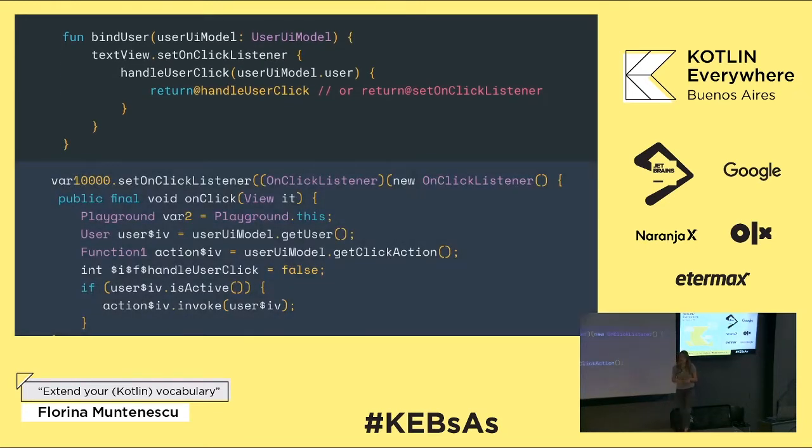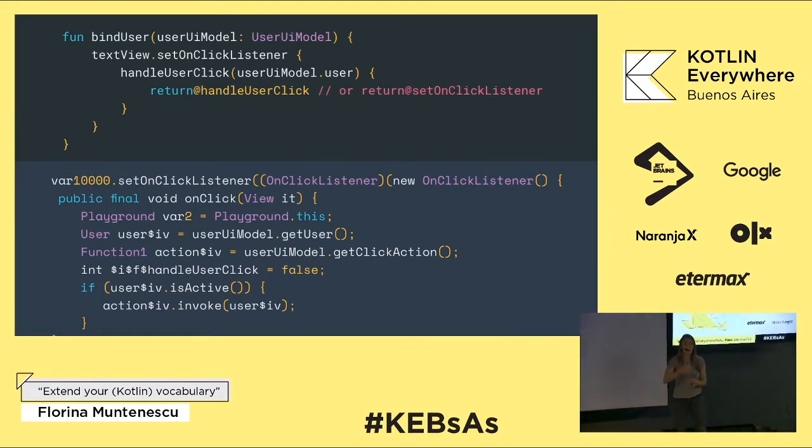If you look at the decompiled Java code, we see that a new on-click listener is created, and then the code gets copied. So we couldn't return to the bind method because we're inside a class definition, so the compiler can't know how to get out of that class completely. That's why the only possible options are return at handle user click or return at set on click listener.